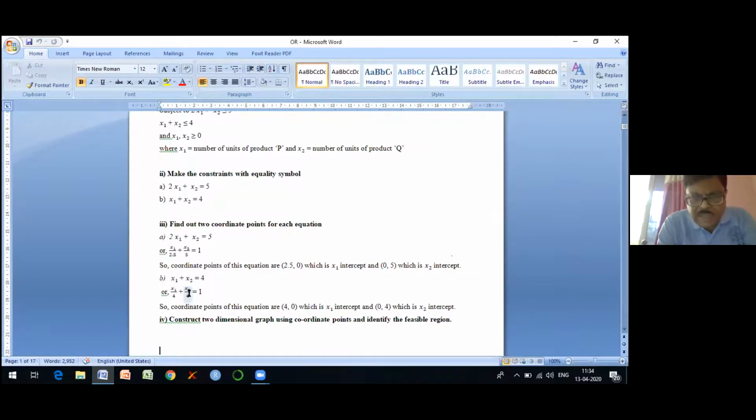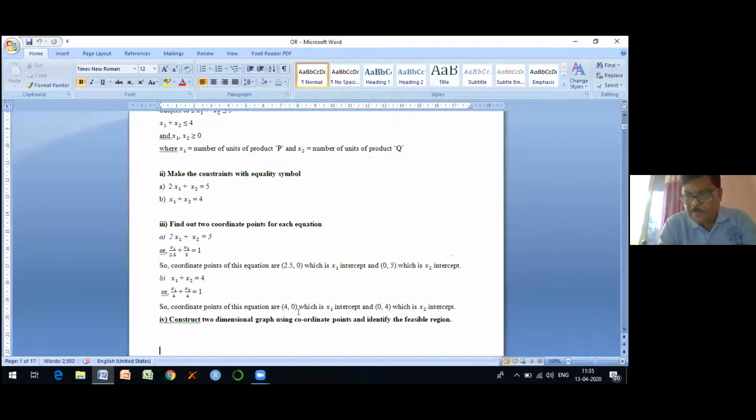Therefore, obviously, x1 value will be 0. First one is x1, then we write the value of x2 in order to get the coordinates. So again we have got 2 points, (4, 0) and (0, 4).